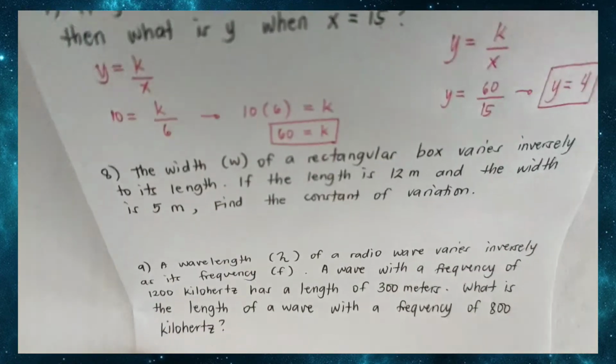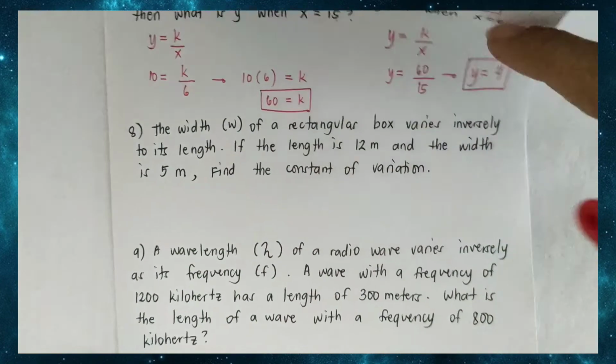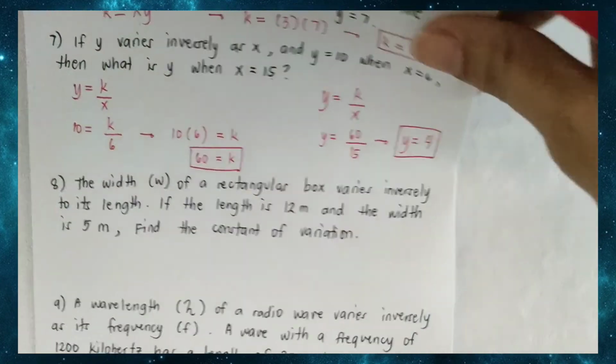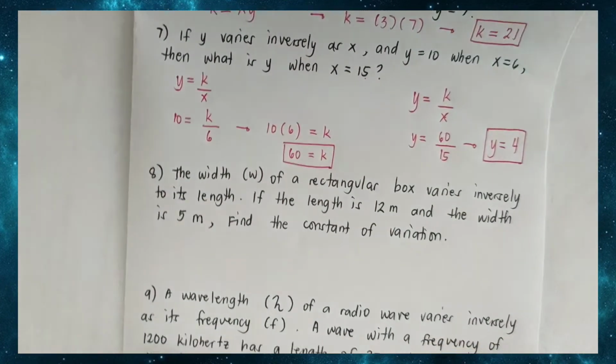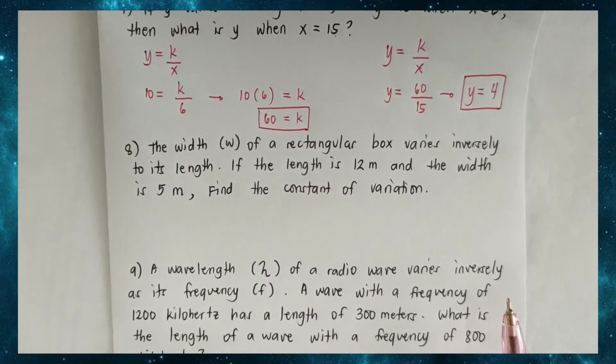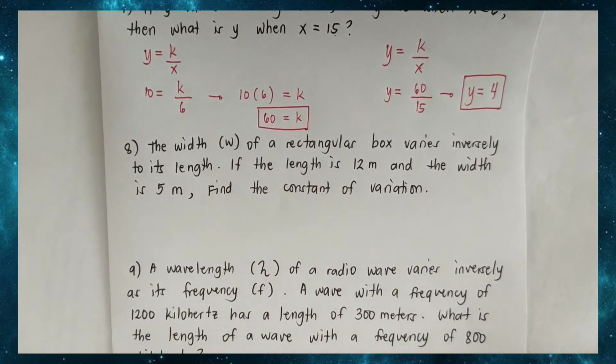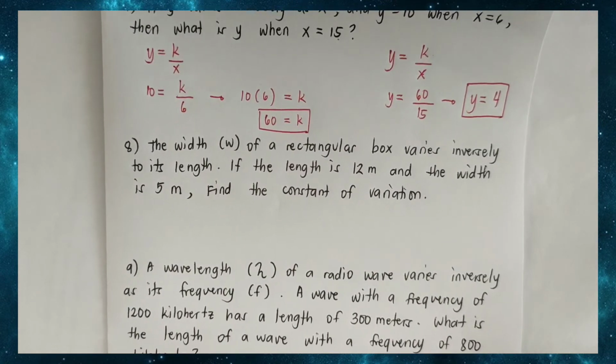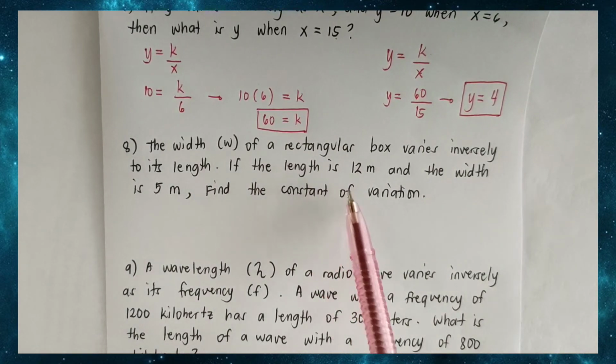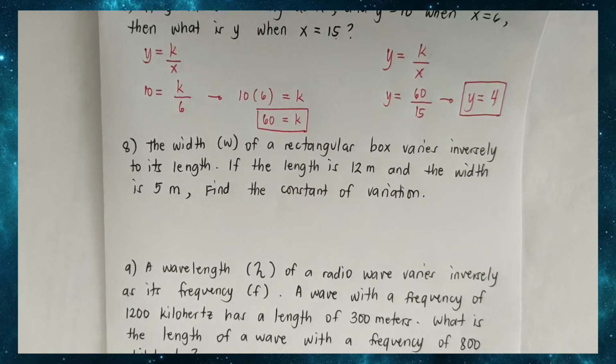Number 8. The width of a rectangular box varies inversely to its length. If the length is 12 meters and the width is 5 meters, find the constant of variation.